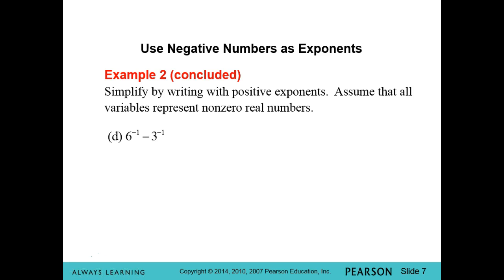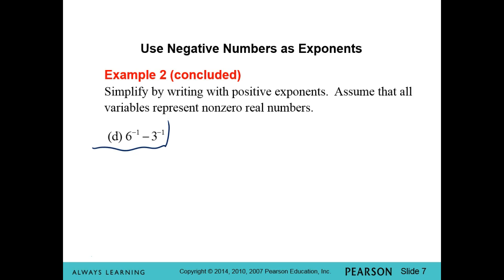Now, this is from the book. This is example 3 from the book. Changing from negative to positive exponents, simplify, assume that all variables represent non-zero real numbers. Notice on this one, they do say simplify, okay?